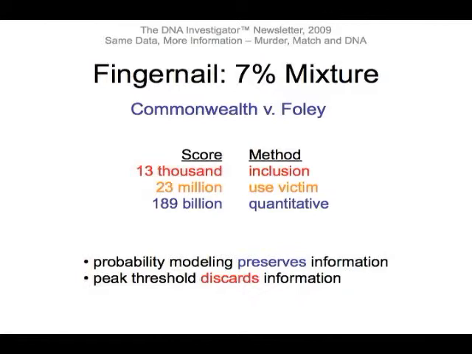The fact that an outside expert used the victim, that was 93% from this fingernail evidence, and obtained a match score that was 3 log units of likelihood ratio greater was a bit surprising. And the fact that a computer used the quantitative data as well and obtained something that was 7 orders of magnitude larger was very unsettling, and basically all the defense could talk about is that DNA interpretation must be highly unreliable with mixtures if you get different answers with different results.